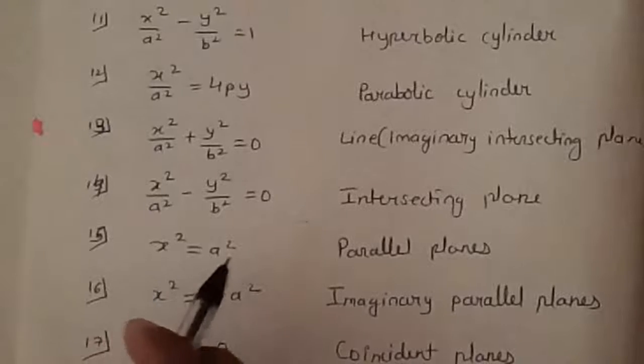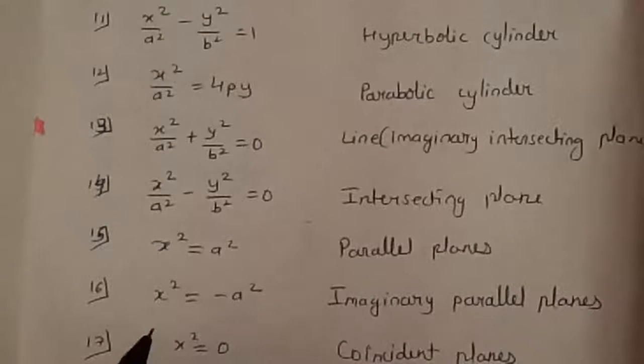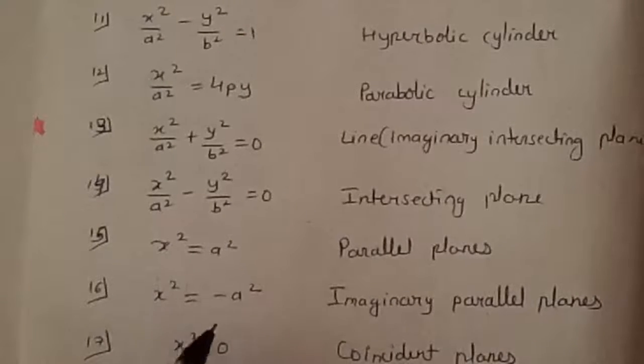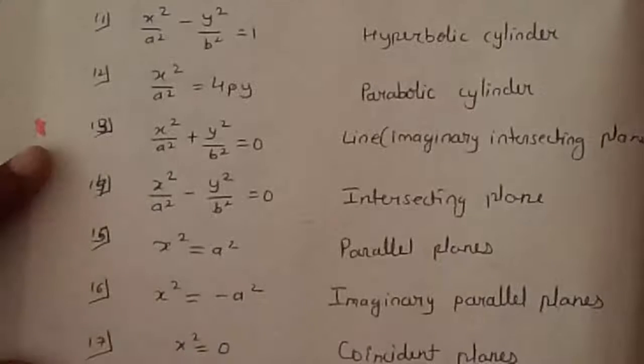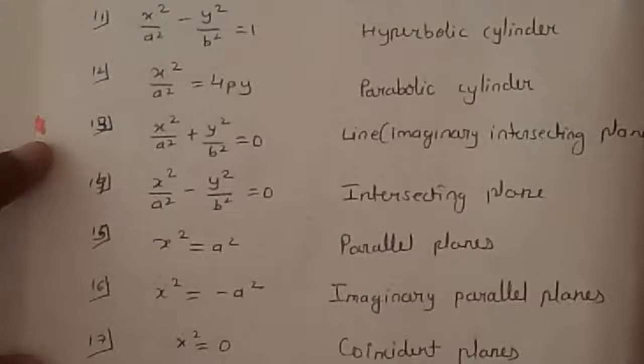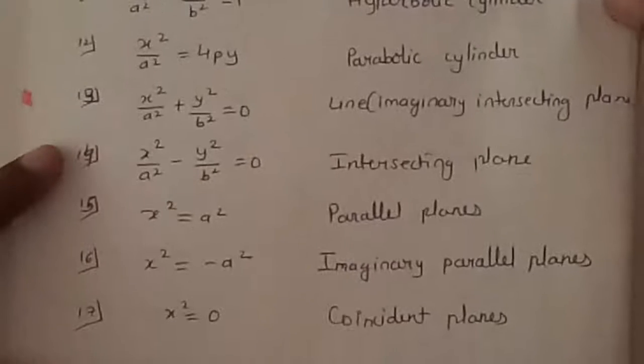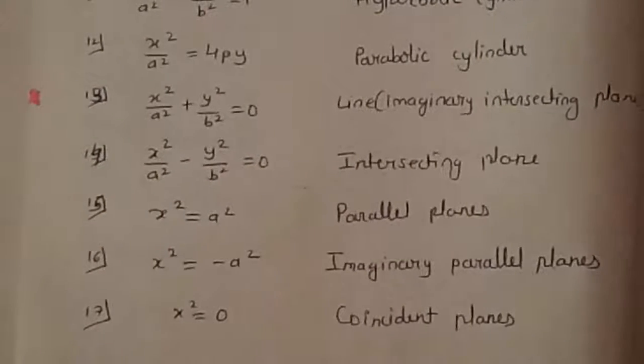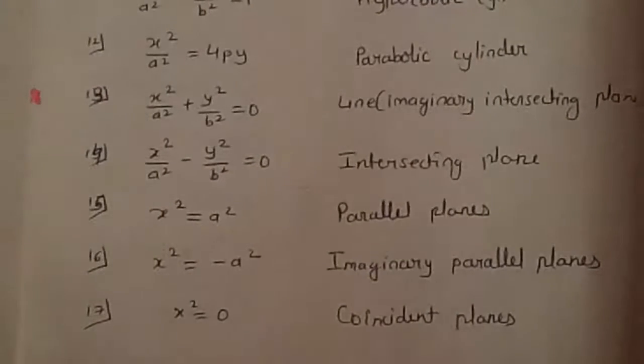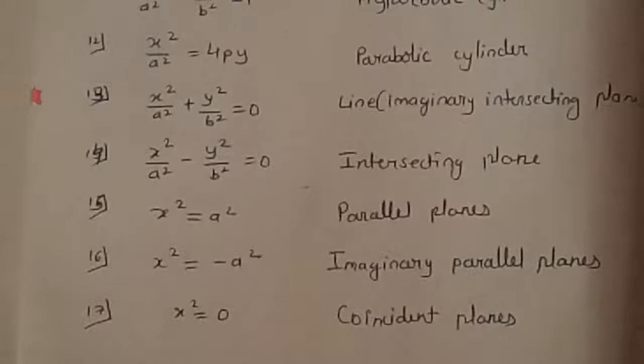If x square is equal to a square, then this is the equation of parallel planes. If x square is equal to minus a square, then these are imaginary parallel planes. Or if x square is equal to 0, then these are coincident planes. So these are the various types of quadrics and their equations.